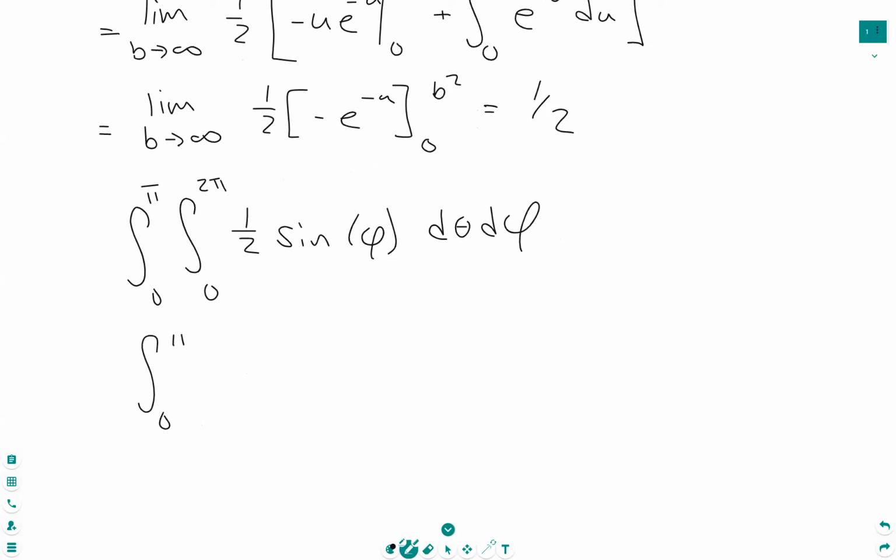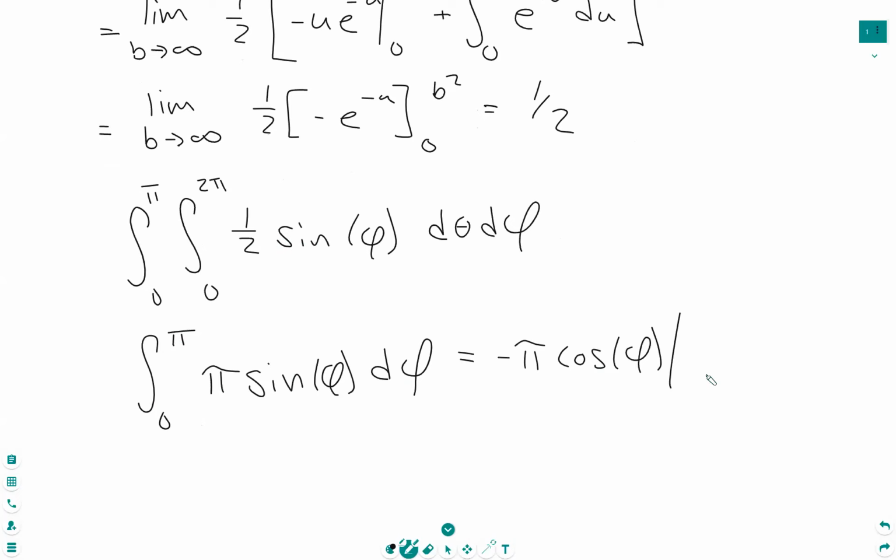We go from 0 to 2 pi, and then we just get a 2 pi times this, so it cancels with this 1/2, so we can just get a pi times sine phi d phi, which is negative pi cosine phi, phi equals 0 and phi equals pi. This just leaves us with 2 pi.